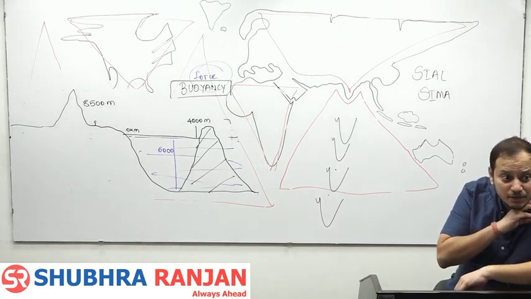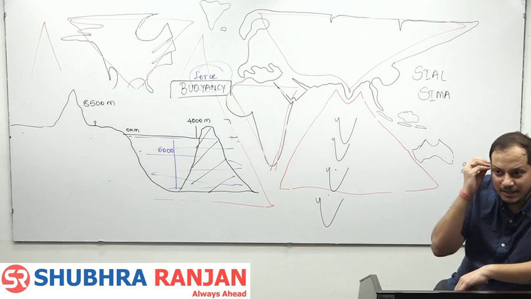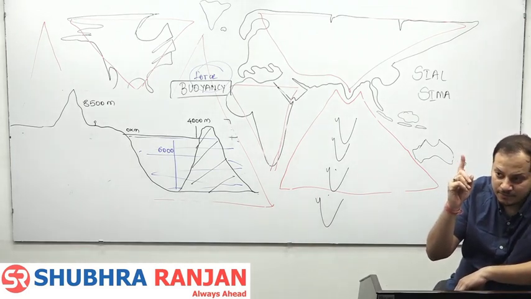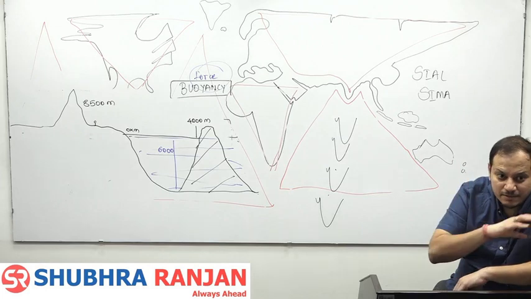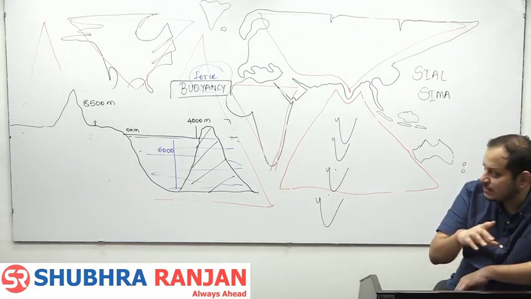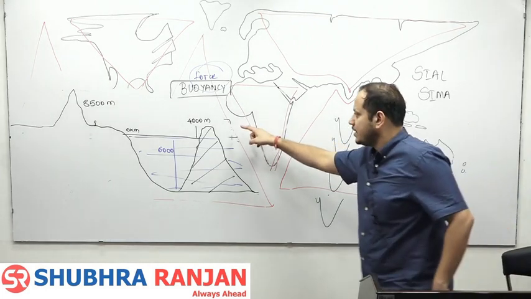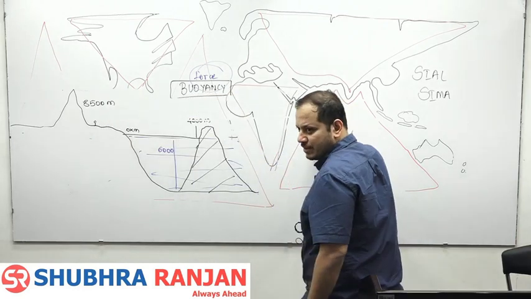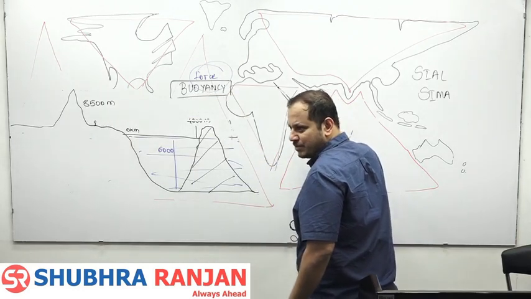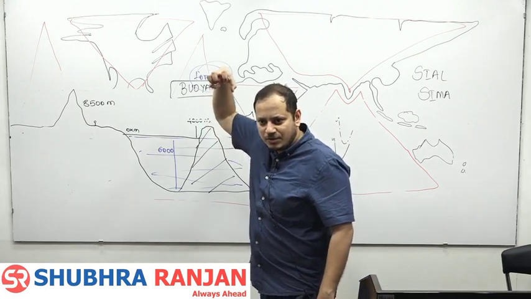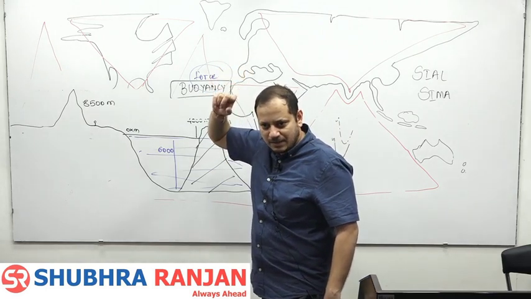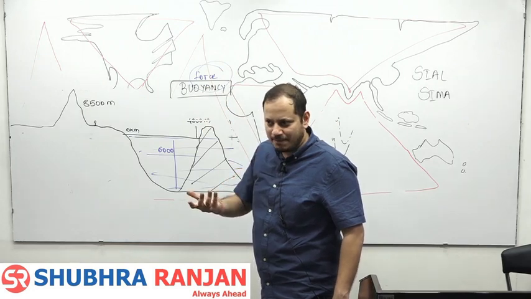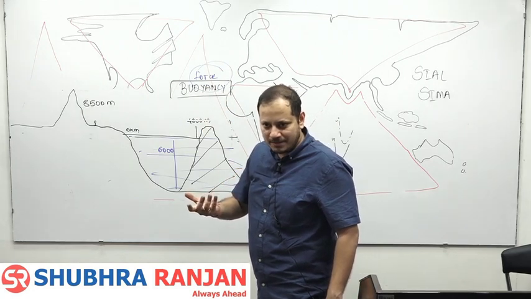When you see the world map, a general idea: most of the continents are located in the north, while the equator region, whether it is the northern hemisphere or southern hemisphere, has very little continent. This is the equatorial region. Here it is dominated by water. Why? Because gravitational force is pulling most of the continents to the north. Will gravitational force act more on water or on the land? Land. Getting it?